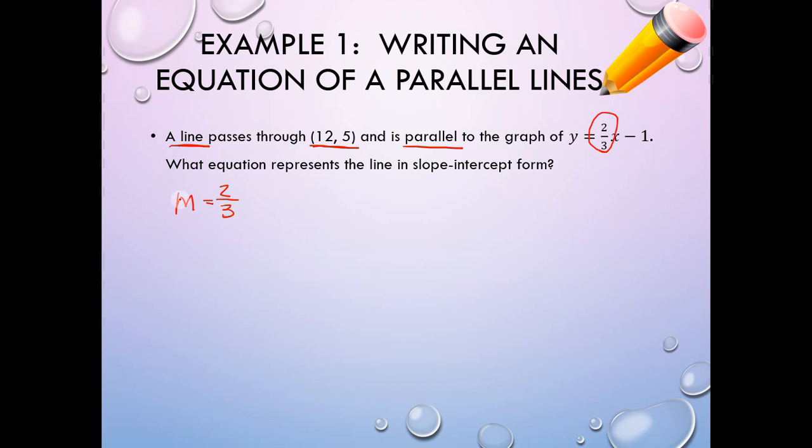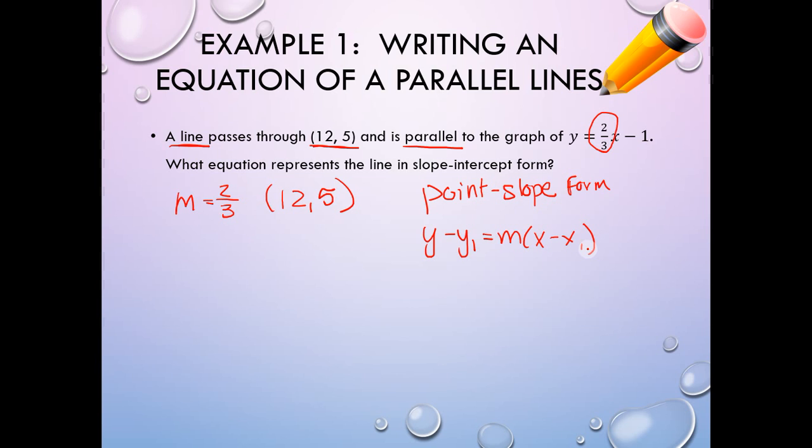Now, I have a slope and I have a point. Now it becomes exactly what we were just doing. We're going to use point-slope form since I have a point and a slope. So I have y minus y1 equals m times (x minus x1). This should kind of be coming back to you.